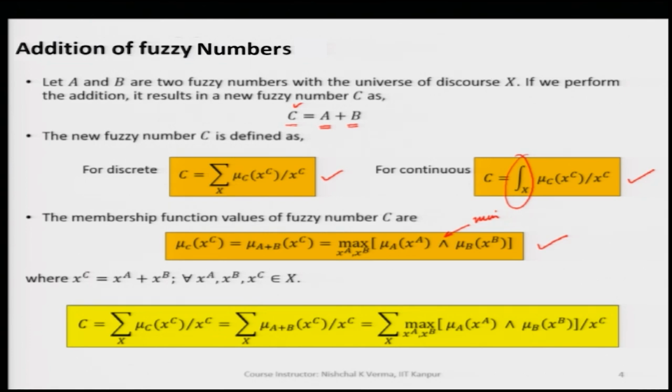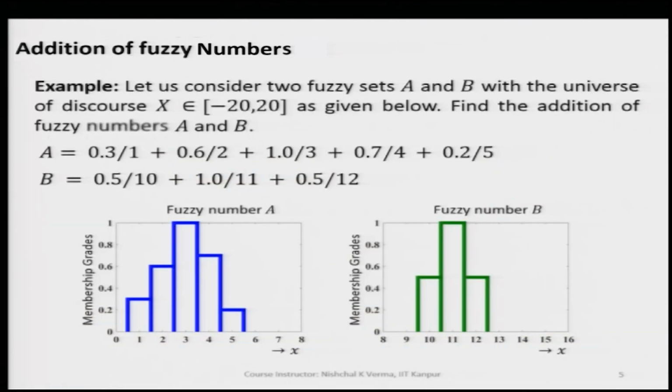So, we will see how we are going to get the complete fuzzy set. We will take an example and then understand how we get the addition of two fuzzy numbers. So, let us take this example here. We have a fuzzy number A and then we have another fuzzy number B. This is represented by these two discrete fuzzy expressions.